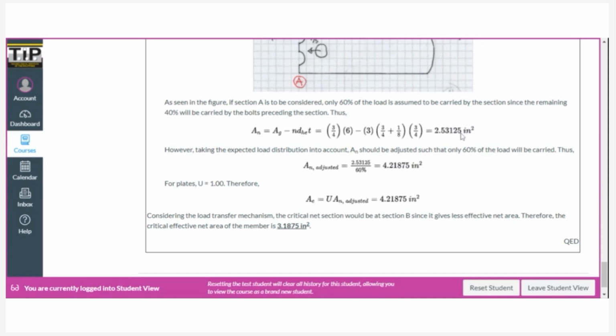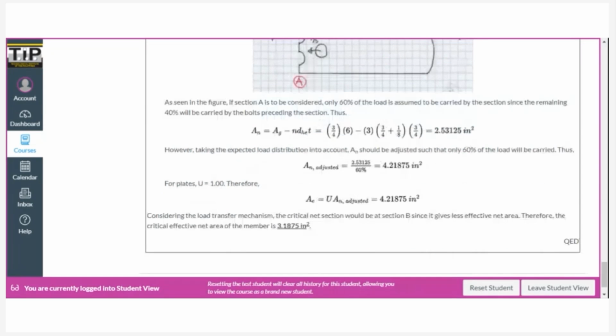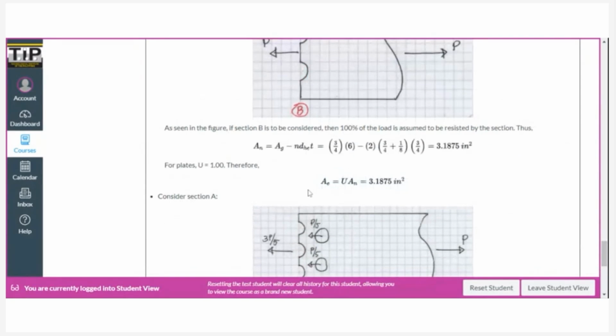For plates, again, the reduction coefficient is 1, so you take the effective net area. And then, considering the load transfer mechanism, which one should we choose? The one in section A or the one in section B? When we say critical section, we choose the one with the lesser area.